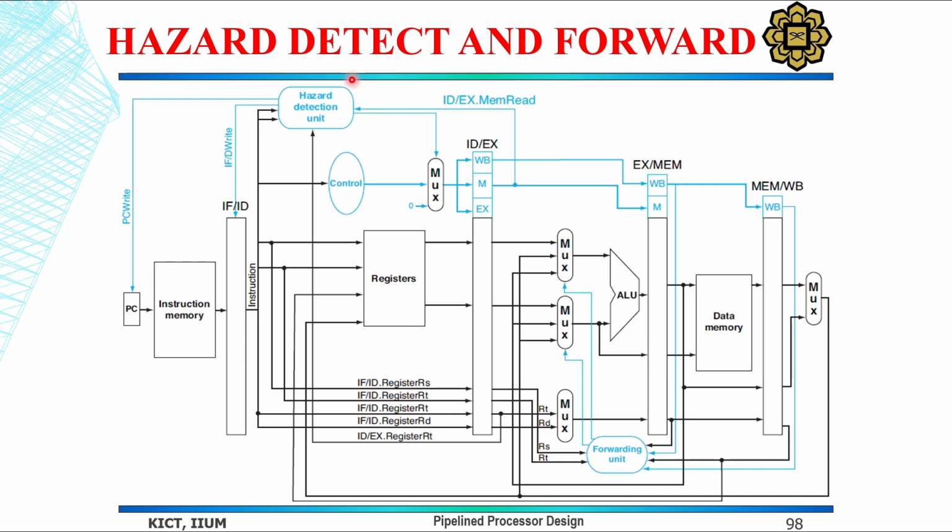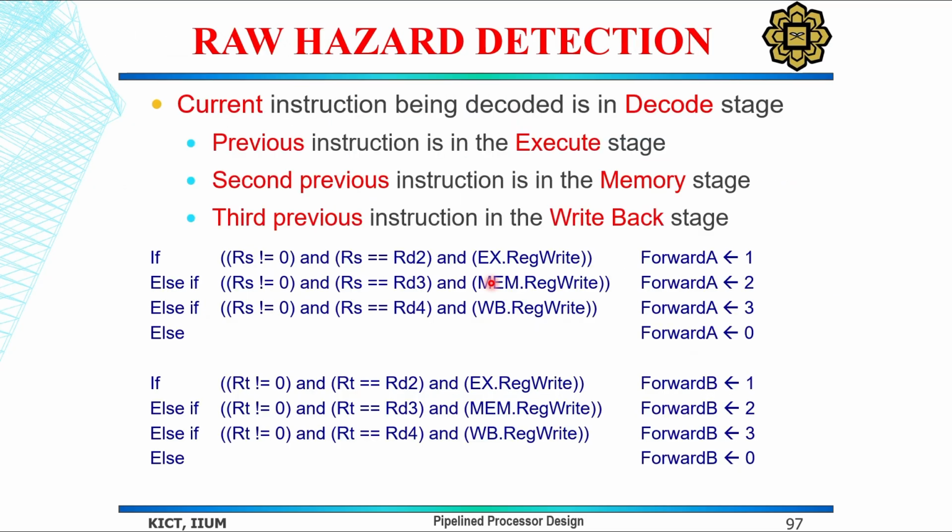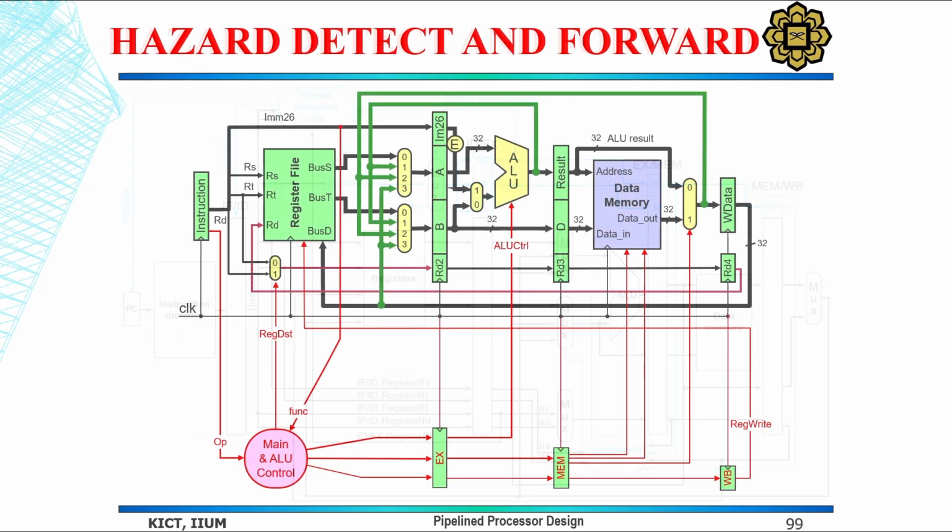So basically another hazard detection unit is added here, which checks the value from each section respectively based on all these conditions.